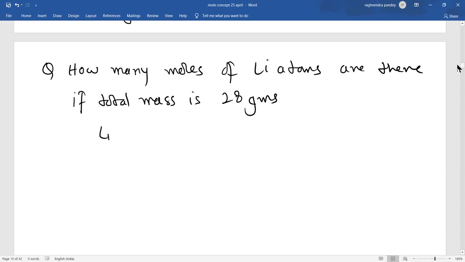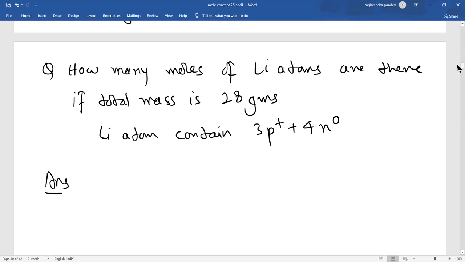A lithium atom contains 3 protons plus 4 neutrons. Always remember, it is not necessary that proton and neutron are in the same number. They can be the same, and most of the time they are different. So please write the answer. You have to find the number of moles of lithium atoms.